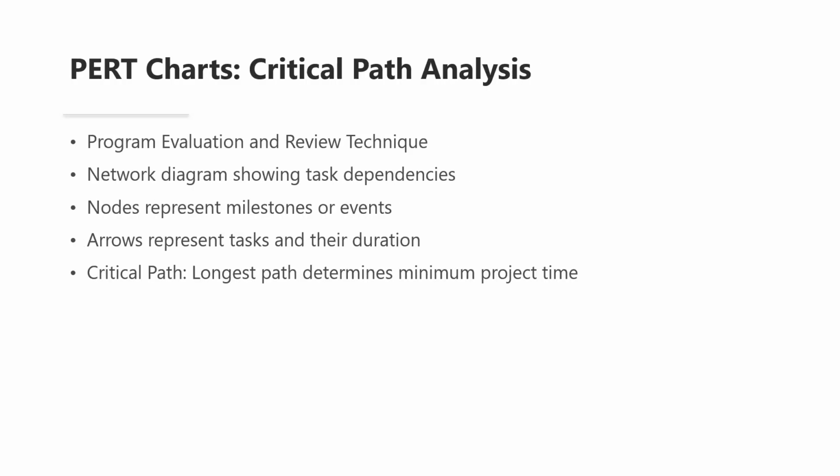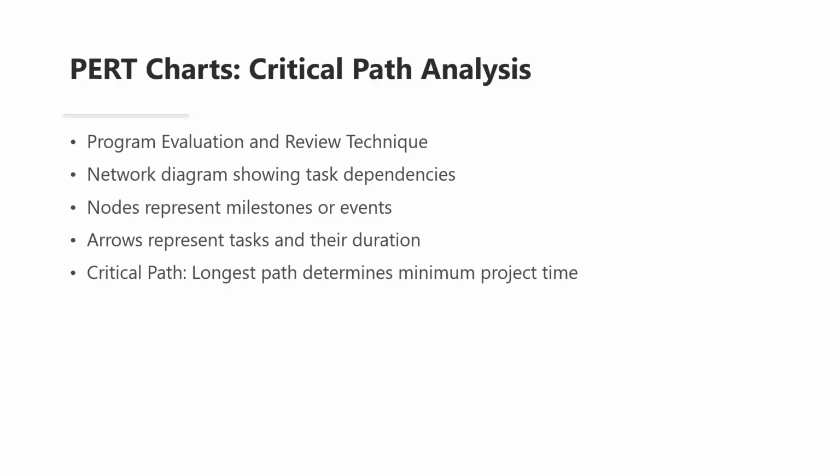Now let us look at the other major project management tool you need to know, and this one handles the more involved projects. PERT stands for Program Evaluation and Review Technique, and it was originally developed by the United States Navy in the 1950s for managing large defense projects.